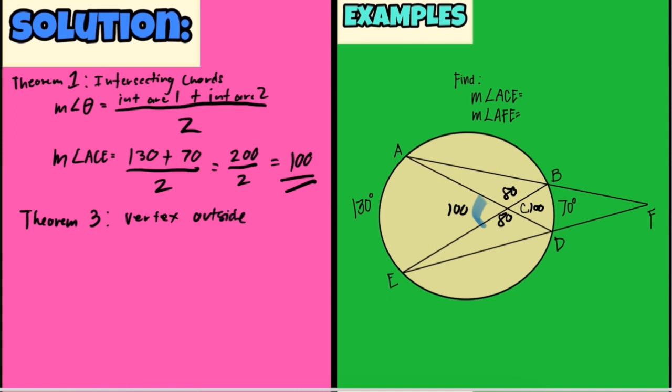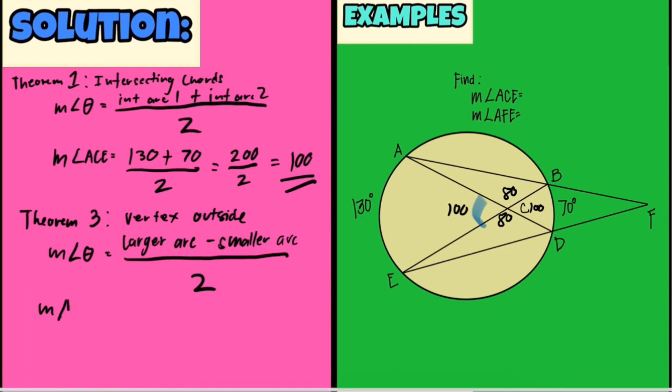The formula is the measurement of the reference angle, or whatever it is we're looking for, is larger arc minus smaller arc, all over 2. So we don't have the measurement for AFE. So that's what we're looking for.